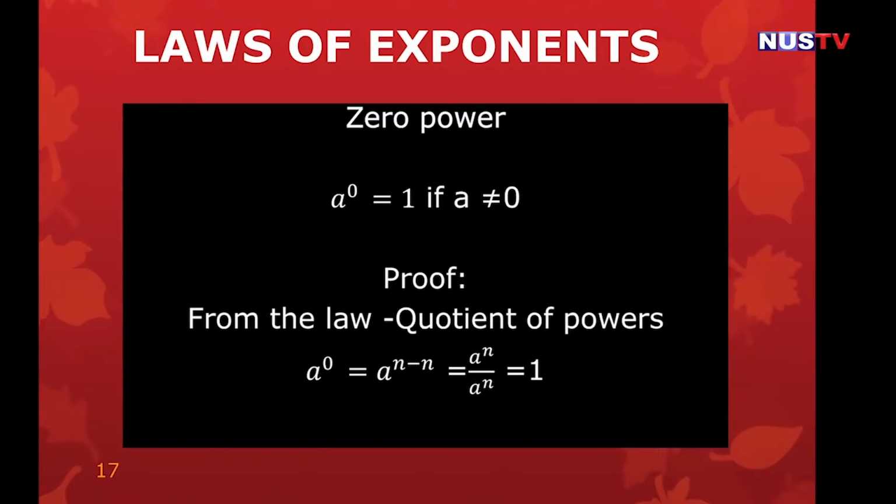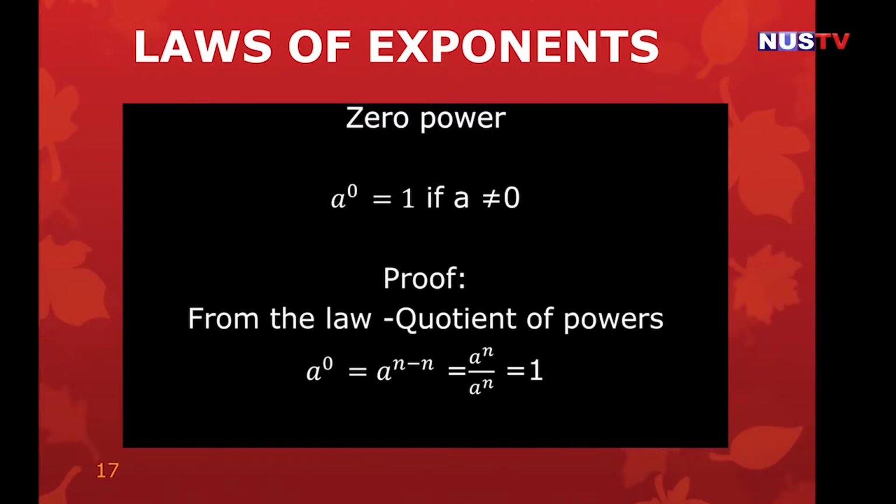The proof comes from the law of quotients of power. A to the power of 0 is the same as a to the power of n minus n. Because to get 0, you are subtracting the same power. n minus n means 0. Alright?